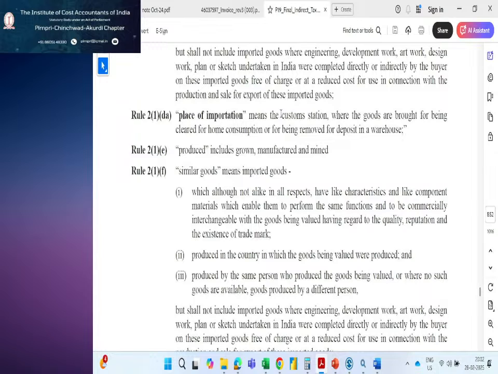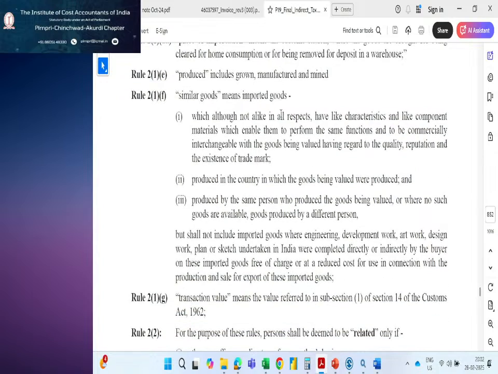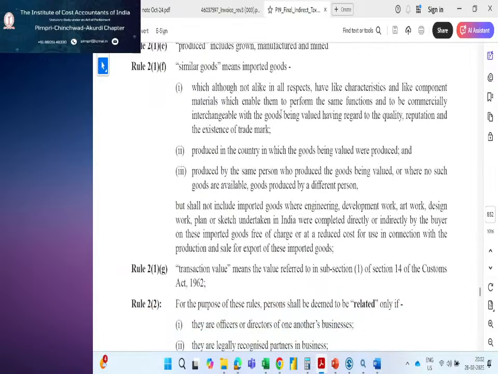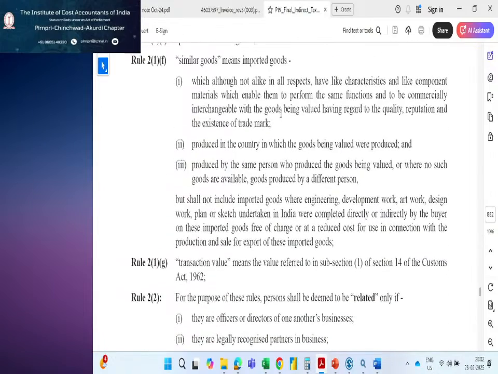After some 3 days, I can come and again go to the harbor and give the clearance. So it will be deposited in their warehouse also. And produced includes grown, manufactured and mined, similar goods. These are the definitions.